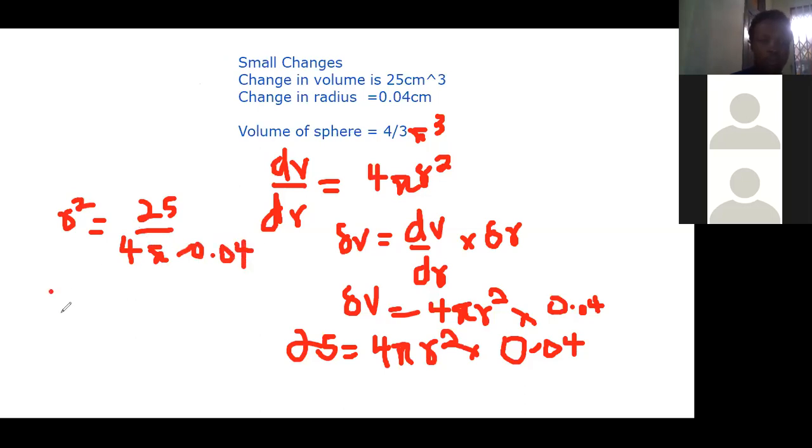So r will be the root of the whole of this. So r is going to be the root of the above.